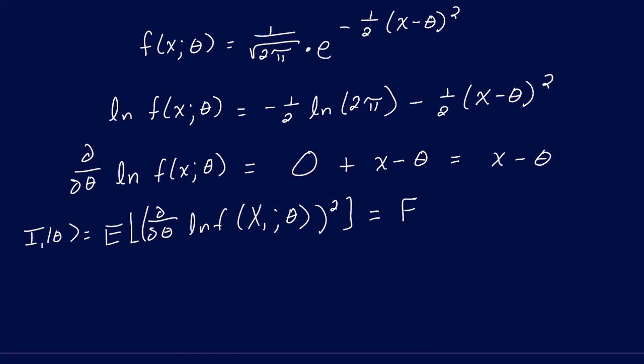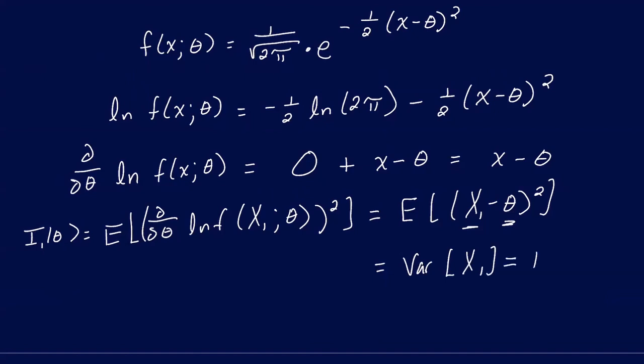And this is the expected value of (X1 minus theta) squared. And because theta is the mean for X1, this is the variance for X1, and that was 1.